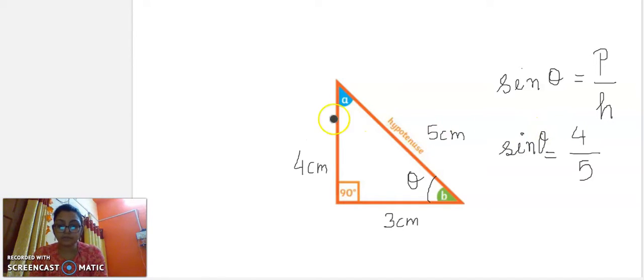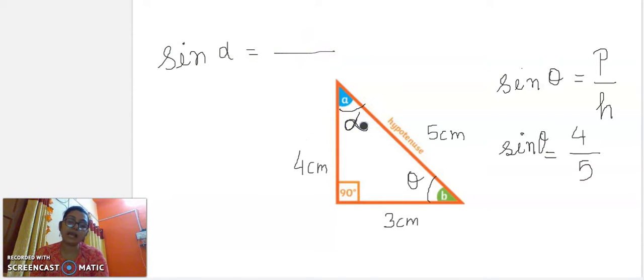In a similar way, suppose we assume the angle between the perpendicular and hypotenuse is alpha. Now, if we want to find out the sine of alpha, when the angle between the hypotenuse and perpendicular is alpha, we will consider B as 4 cm and P as 3 cm.